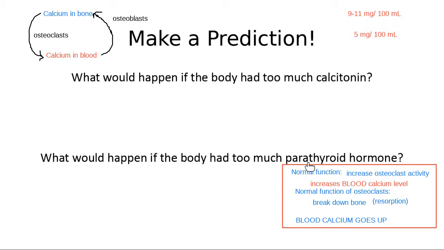So when we talk about parathyroid hormone, it is what I'm going to release when I don't have enough calcium. So if I've got low calcium, here we can draw a little gradient. Here's a concentration gradient for us. My low concentration is in the blood, and my high concentration is in the bone.